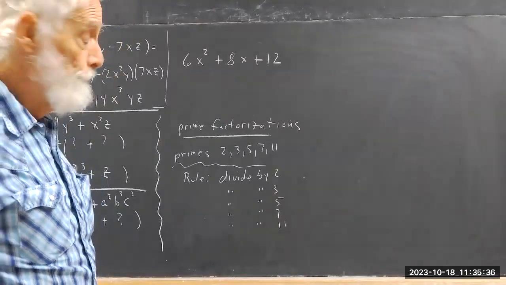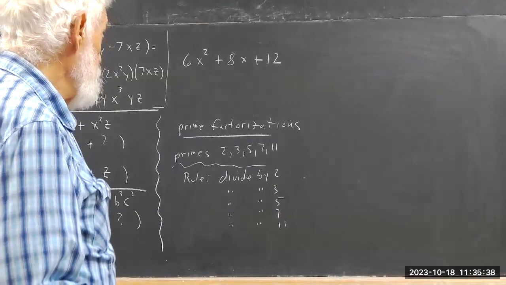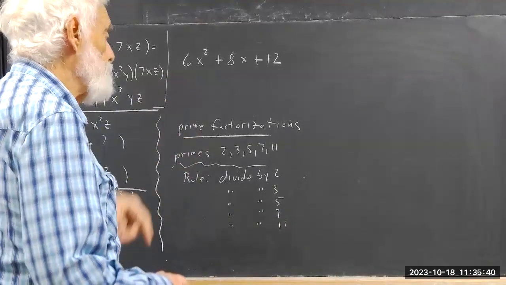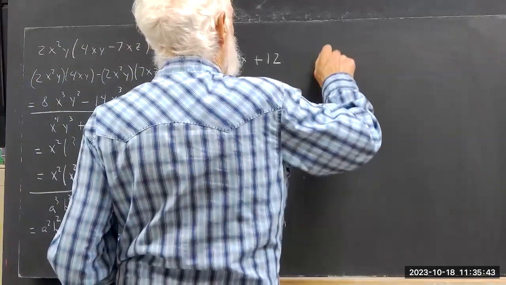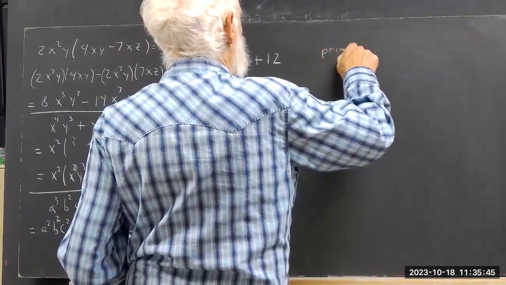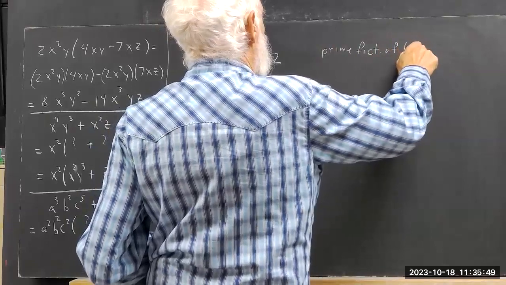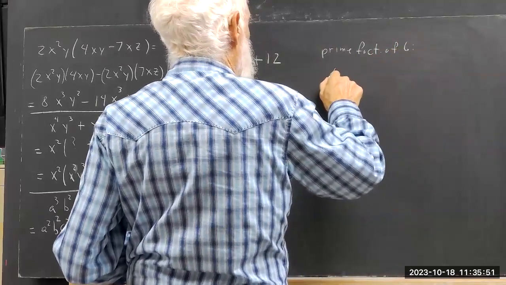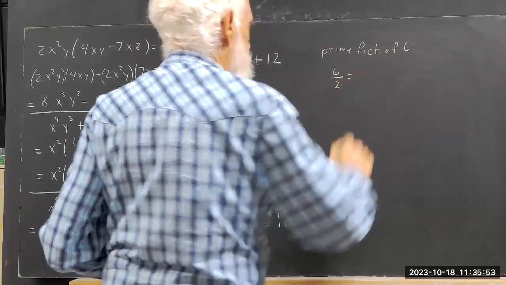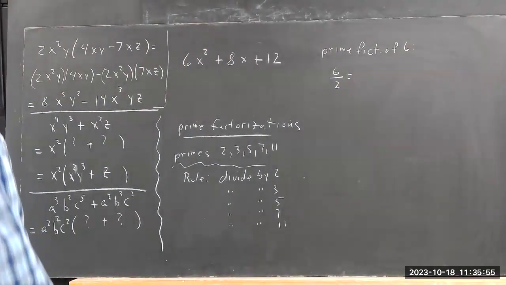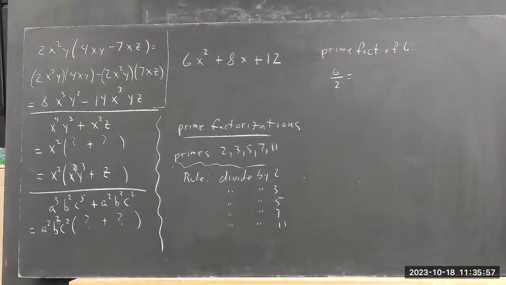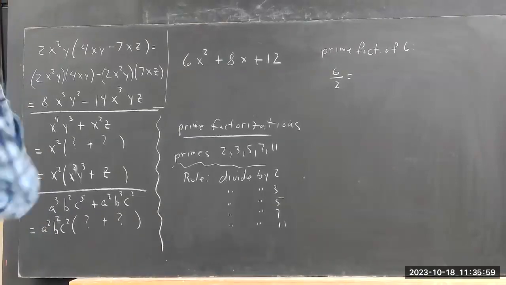If you need to use your calculator, okay. Prime factorization of 6. We're going to do 6 divided by 2. What's that equal? You hold up your fingers when you get it. It's 3.